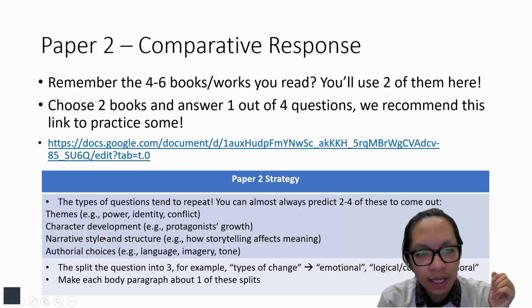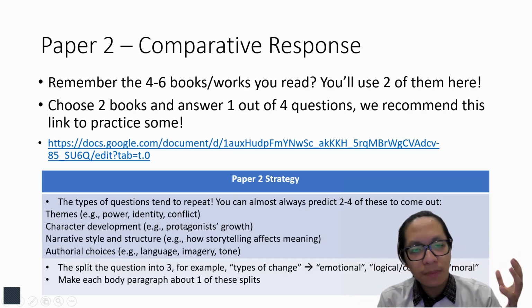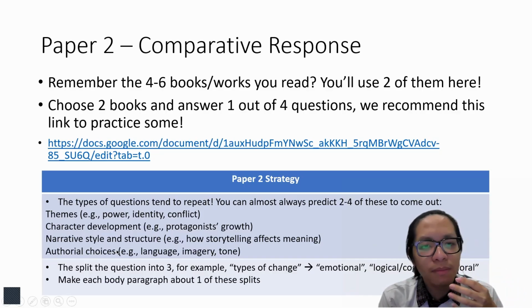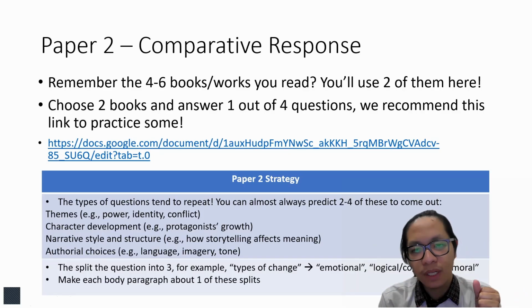Power, identity, conflict, right here; character development; narrative, style, and structure; and authorial choices. In fact, I think three of these showed up in the exam that I had literally just weeks ago. So the Paper Two strategy is very consistent.